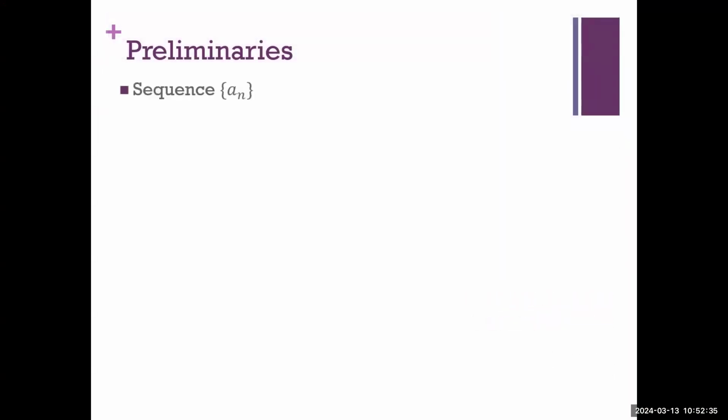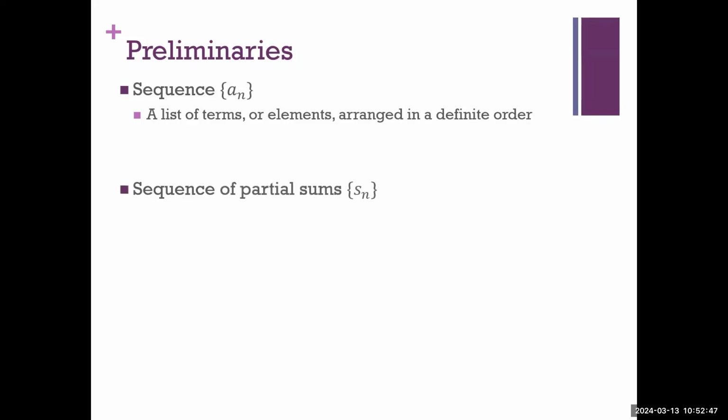So let's talk about how these things are related. We've talked about sequences a lot, right? A sequence is just an ordered list of numbers. We can also talk about the sequence of partial sums. Let's give a concrete example. Let's just do the counting sequence, 1, 2, 3, 4, 5.